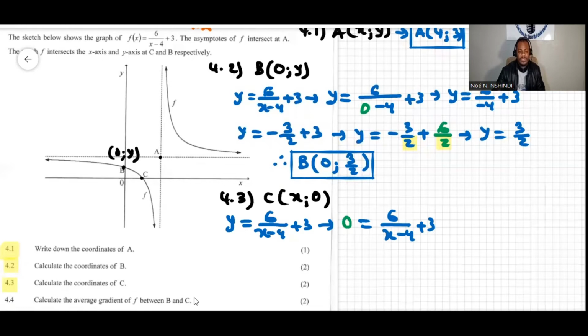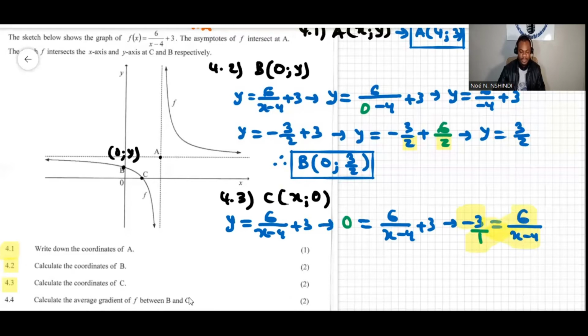Now we can do that if we move the positive 3 over. This will become negative 3 equal to 6 over x minus 4. And then we know that negative 3 has a denominator of 1, so we can solve this by cross multiplying: negative 3 times x minus 4, and 1 times 6.